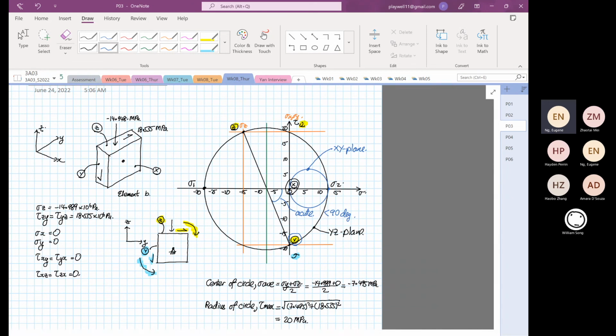Then we can construct another circle. So let me see, 2, 4, 6, 8, 10, 11, divided by 2 is 5.5. So the last circle that we're going to sketch.